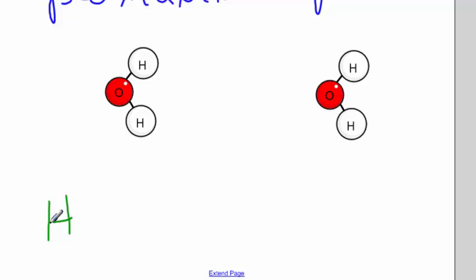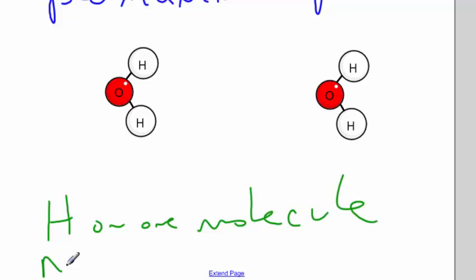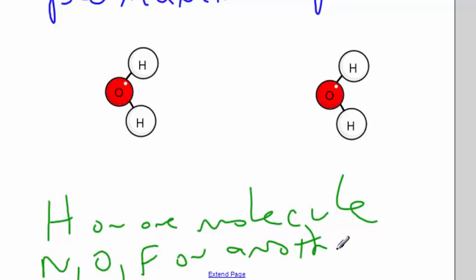It's hydrogen on one molecule and an N, an O, or an F on another molecule. It's just a very strong dipole.